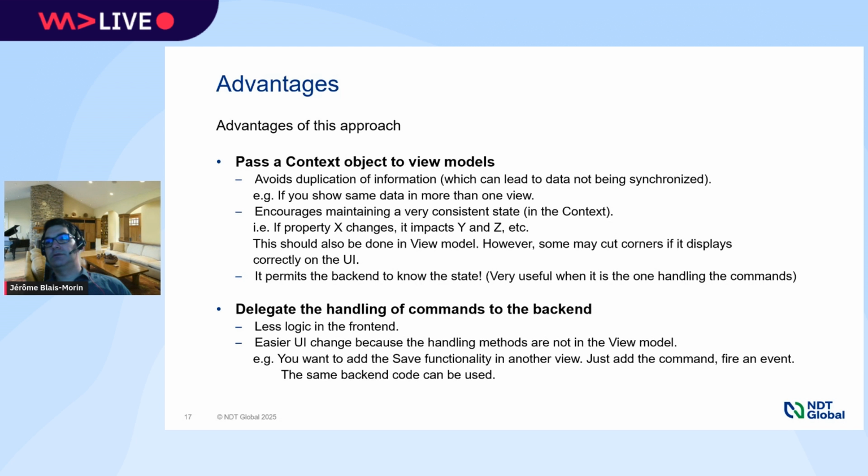And the opposite is if you have the save functionality in the view model, then if you want to implement it in the other one, well, then you need to recode, duplicate code, or hopefully at least use utility methods and try to not duplicate code too much. But still, this one is even less duplication.